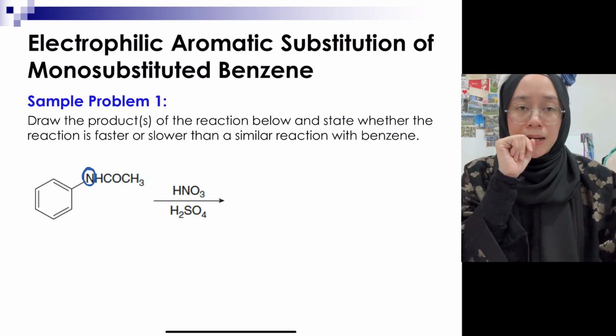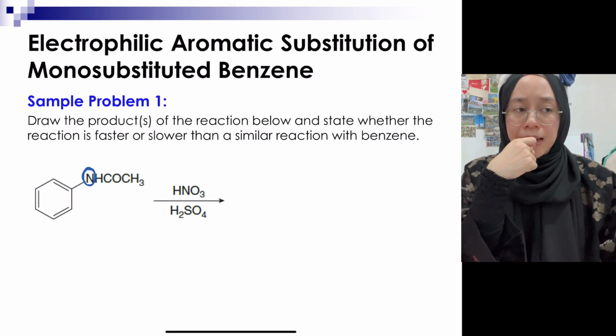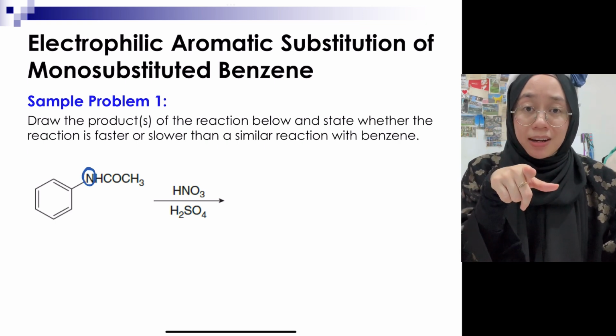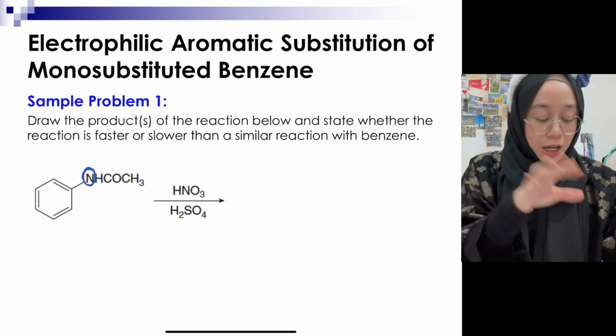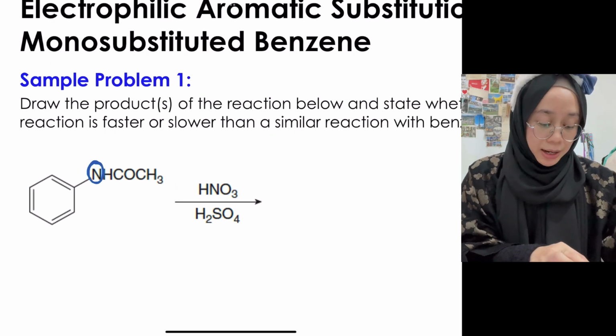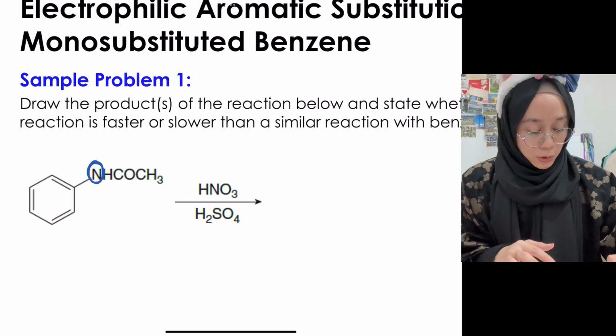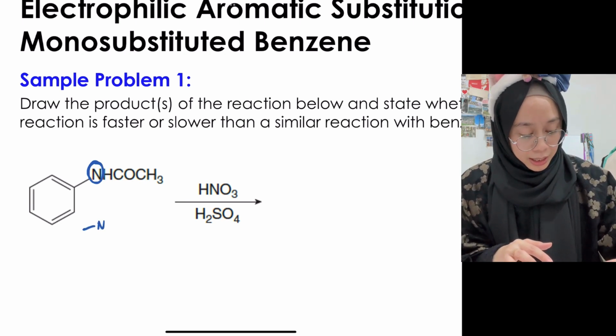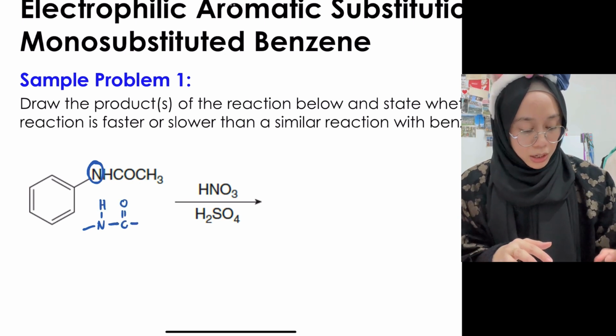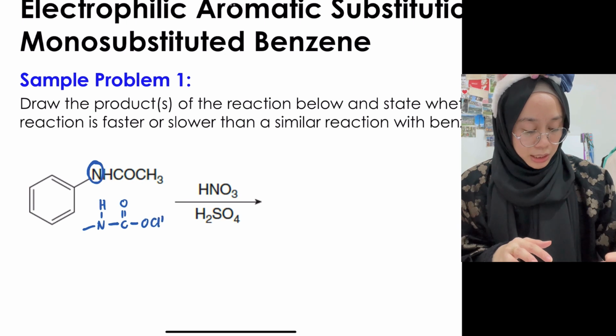Okay, so adakah dia ada lone pair ataupun dia adalah partially positive? Okay, so kena tengok betul-betul. So this one here, kalau kamu tak nampak, so try to just expandkan je. Okay, so kita ada N yang ada H and then dia attach dengan C double bond O, OCH3.